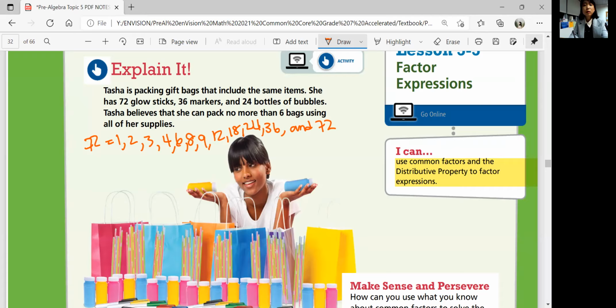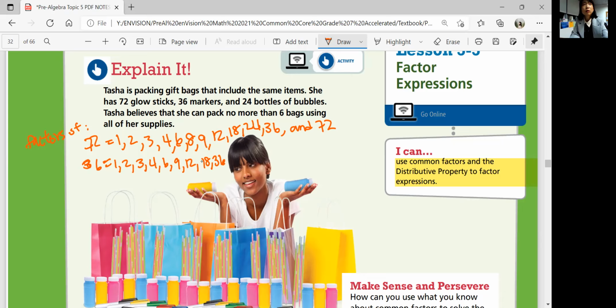What about factors of 36? Factors of 36 would be 1, 2, 3, 4, 6, 9, 12, 18, and 36. Okay, so all these numbers can be multiplied with another number to make 36.